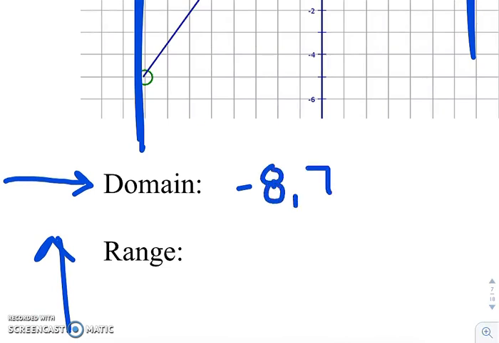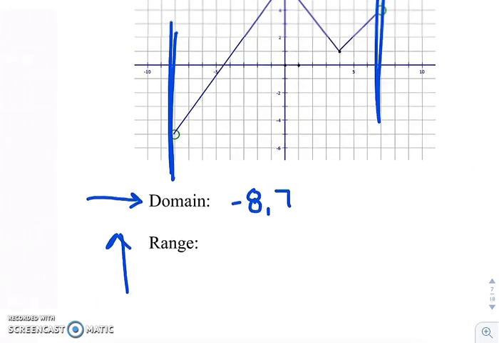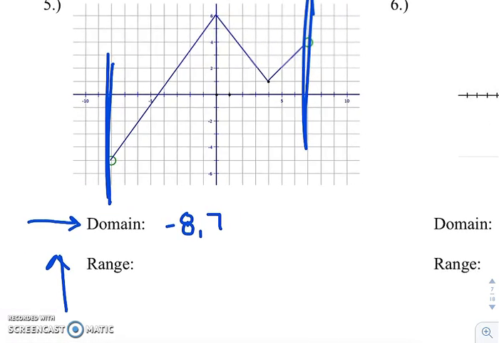I know it's going from -8 to 7, but because it specifically has open dots, I know that we're not actually including those point values, -8 and +7, within the domain. It's everything up to the value. So because of the open dot, we're going to put parentheses. If there was no open dot there at all, we would just consider it a point included in the graph.